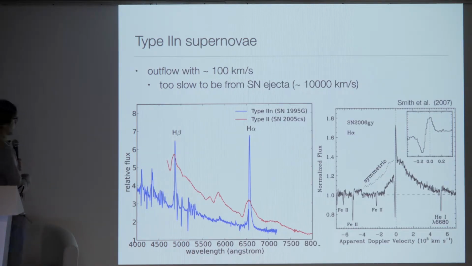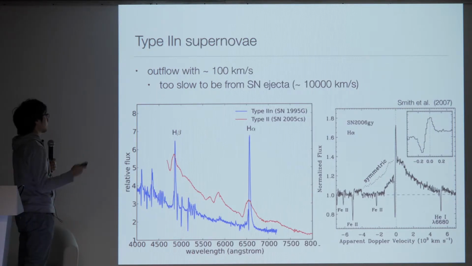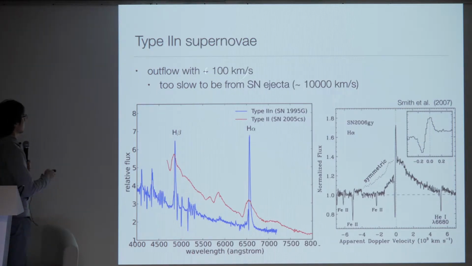Supernovae should have thousands of kilometers per second. So something must be moving at 100 km per second, but that's too slow to originate from the supernova itself.